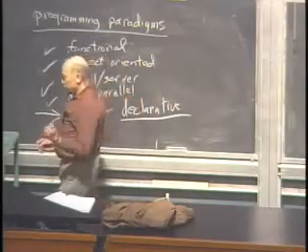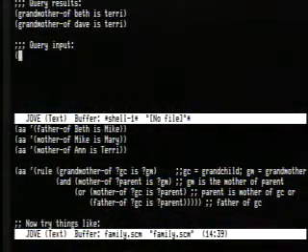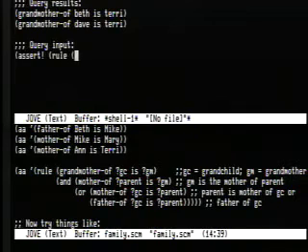So we can make more rules if we want. I can say assert!, rule, sibling ?A ?B.